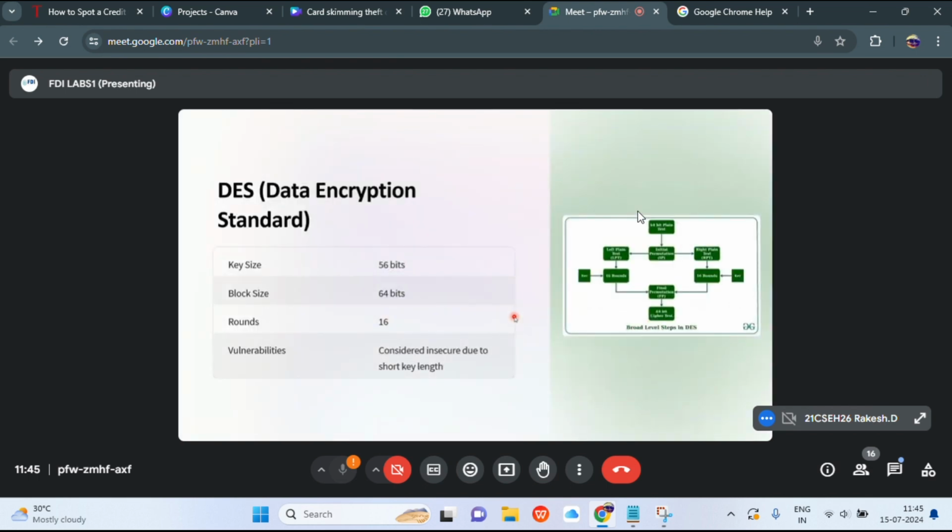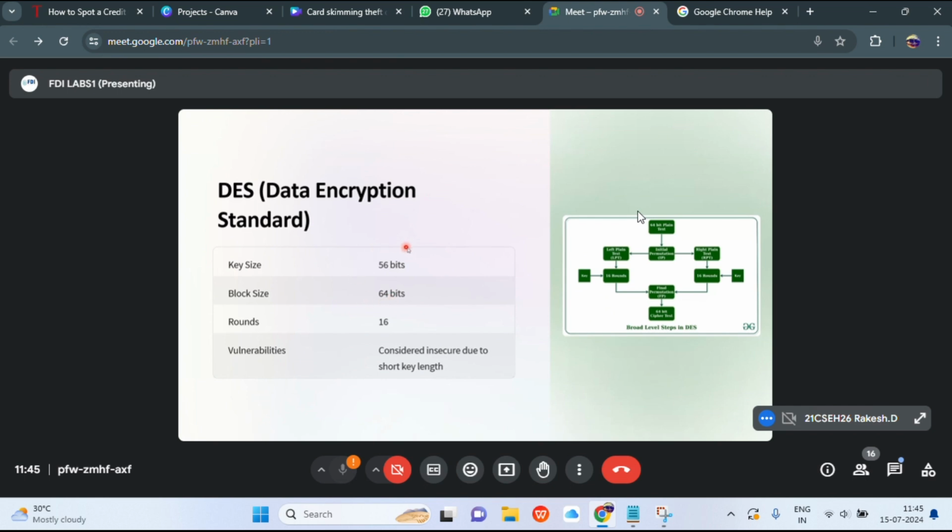So the first cryptographic algorithm we are going to see is DES. What is DES? Data Encryption Standard. It was introduced in 1977. This is a block cipher. As we discussed in the Feistel structure, it takes a block of bits, that is 64 bits of data, and the key size is 56 bits.